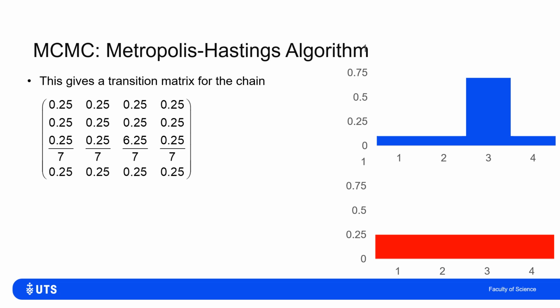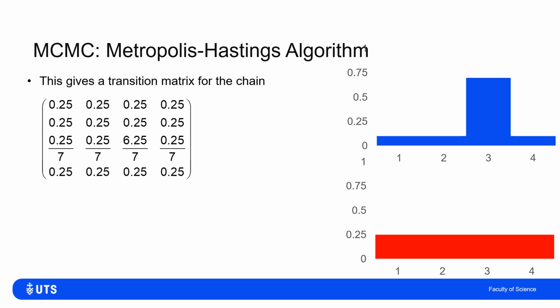Now, the chance that I go from 3 to 3 could actually happen four ways. I've either got proposing going from 3 to 3, or proposing going 3 to 1 but rejecting it, or proposing going 3 to 2 and rejecting it, or going 3 to 4 and rejecting it.